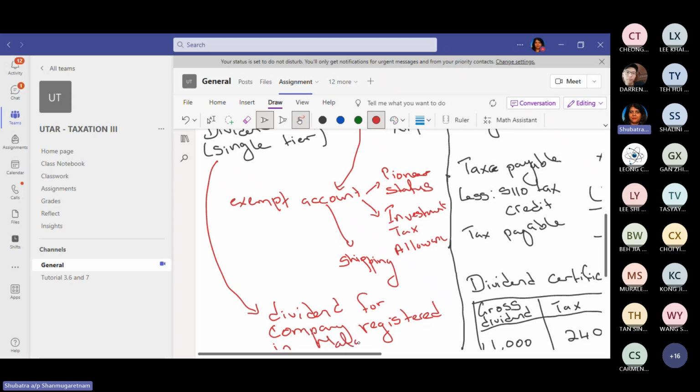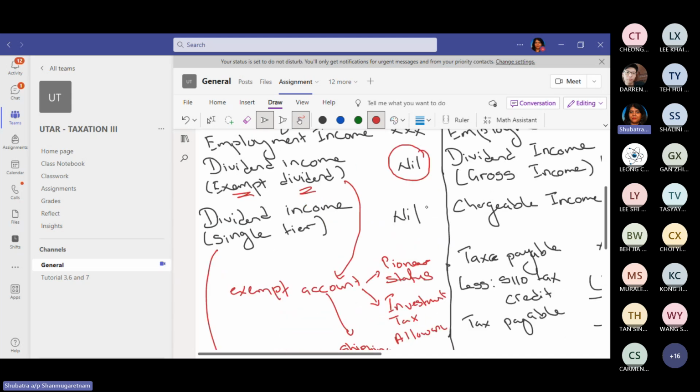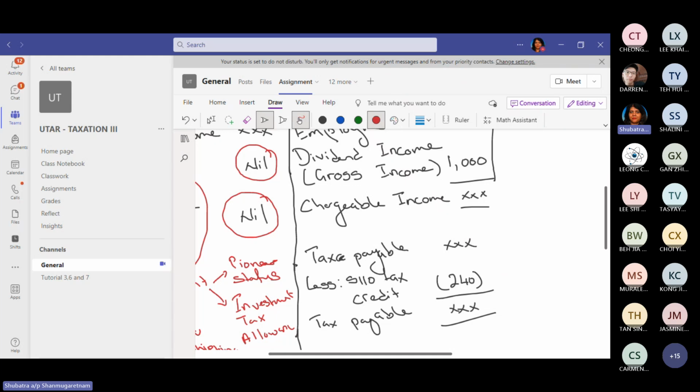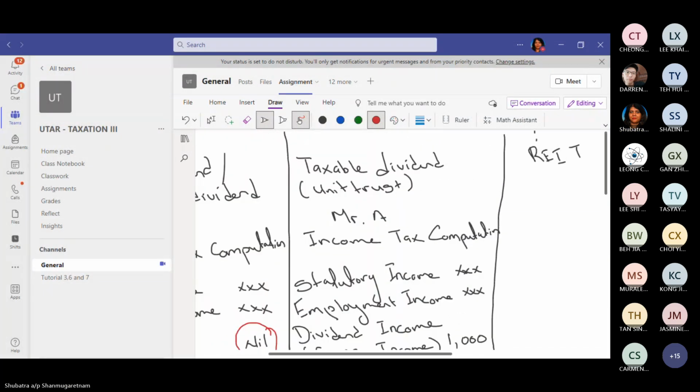So any dividend that you get from a company registered in Malaysia is a single tier dividend. In the tax computation, you need to use the word nil.